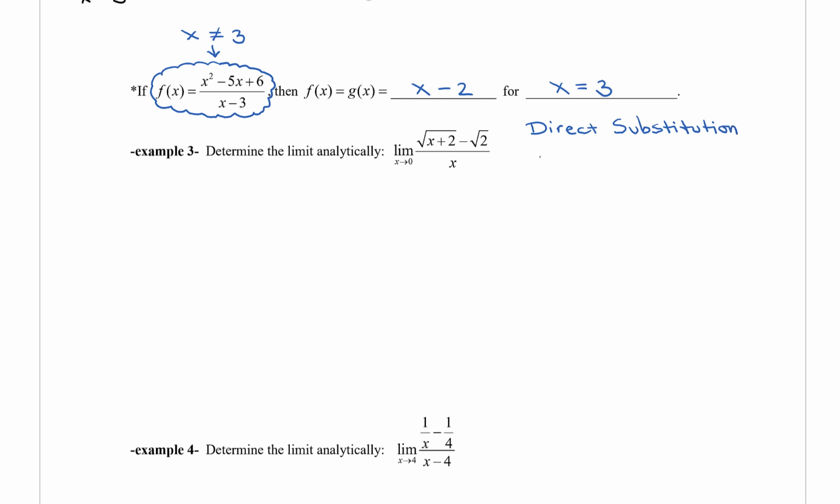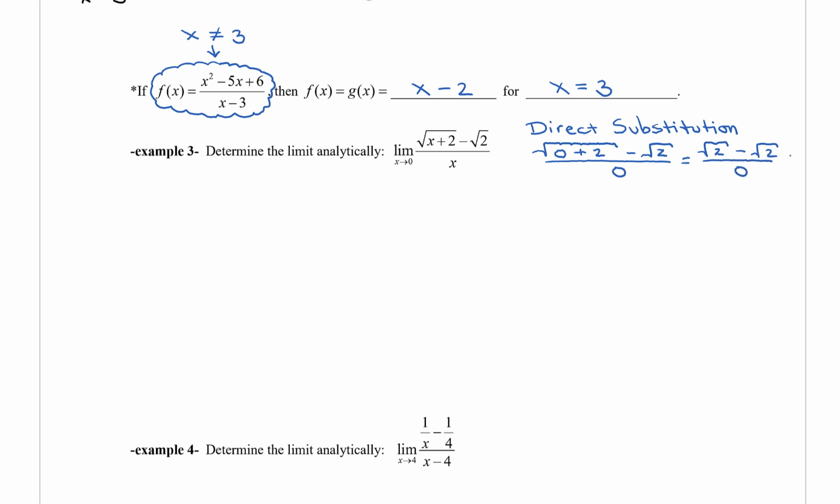So we will end up with the square root of 0 plus 2 minus the square root of 2 all over 0. And if I were to continue this, I would end up with the square root of 2 minus the square root of 2 over 0. And this would ultimately give me 0 over 0.